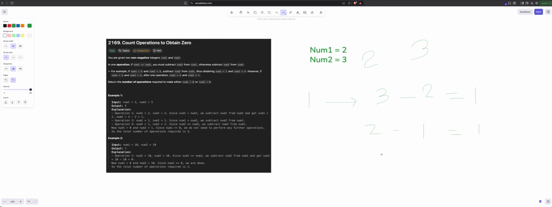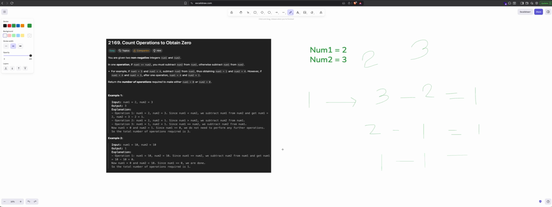In that case, I will say 1 minus 1 is equal to 0. So this operation is 1 operation, this operation is 1 operation, and we just combine all these operation counts and return 3, which is the answer here.